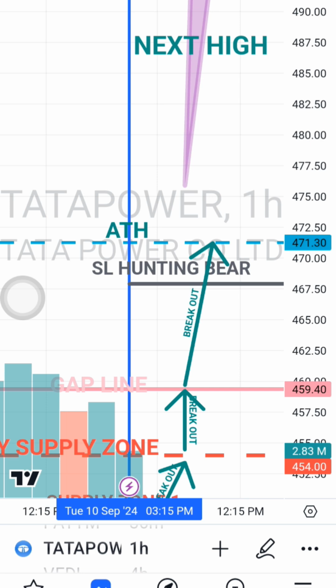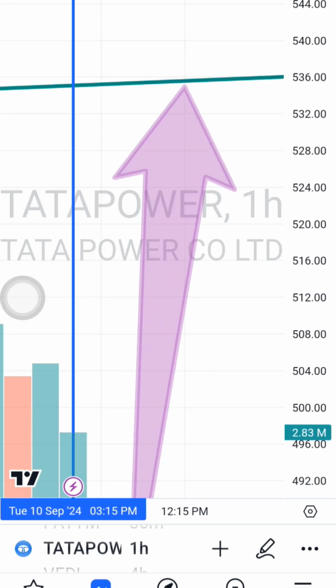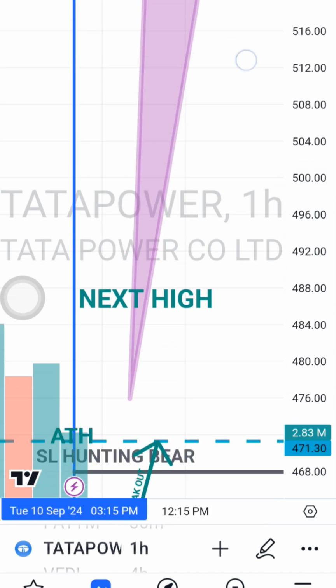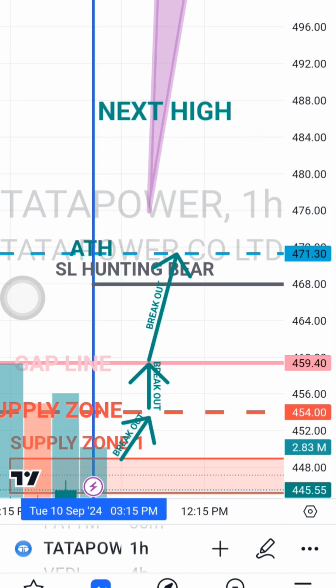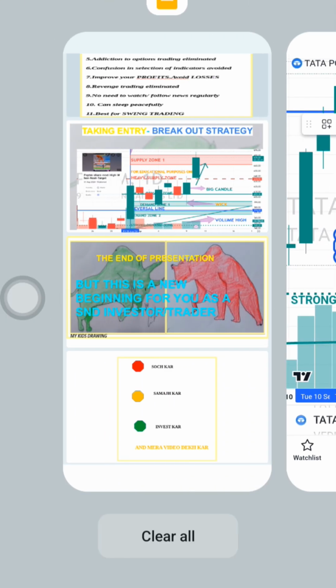The next new all-time high target will be 536, but it has to cross above the gap line, and stop loss hunting line is very critical. Stop loss hunting means it will be roaming around the stop loss hunting line. That will be critical.